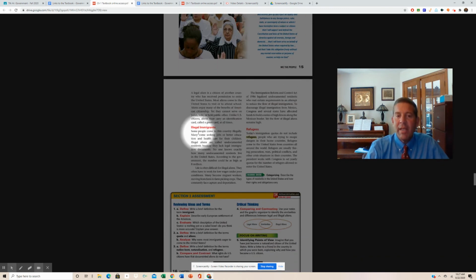There are also illegal immigrants, sometimes called illegal aliens, and also usually called undocumented residents because they don't have documents that show that they live in the United States legally. The text says no one knows exactly how many undocumented residents live here in the US, but many people think the number could be as high as 8 million.